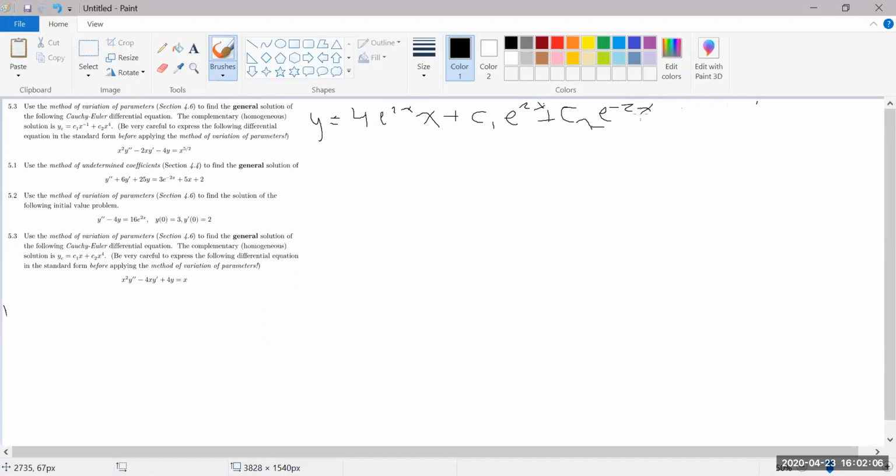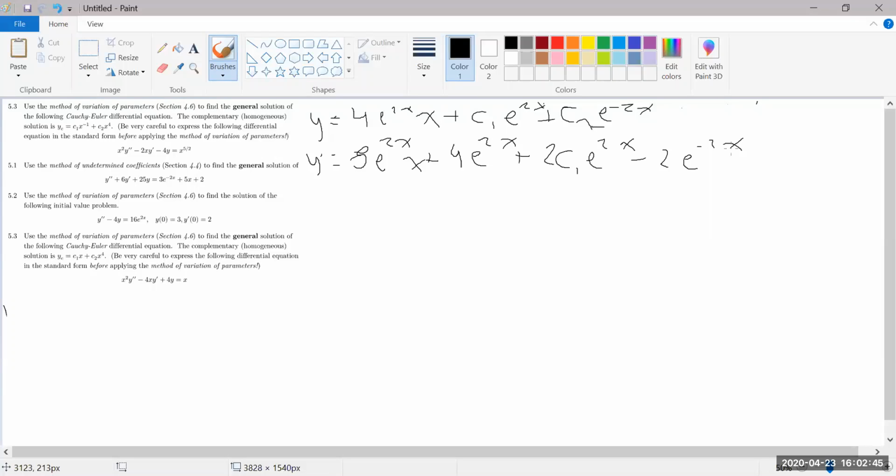Okay, so our y prime then is going to equal 8 e to the 2x x plus 4e to the 2x plus 2 times c1 e to the 2x minus 2e to the negative 2x. Okay, and so now we can create a system of equations to solve for those coefficients there.